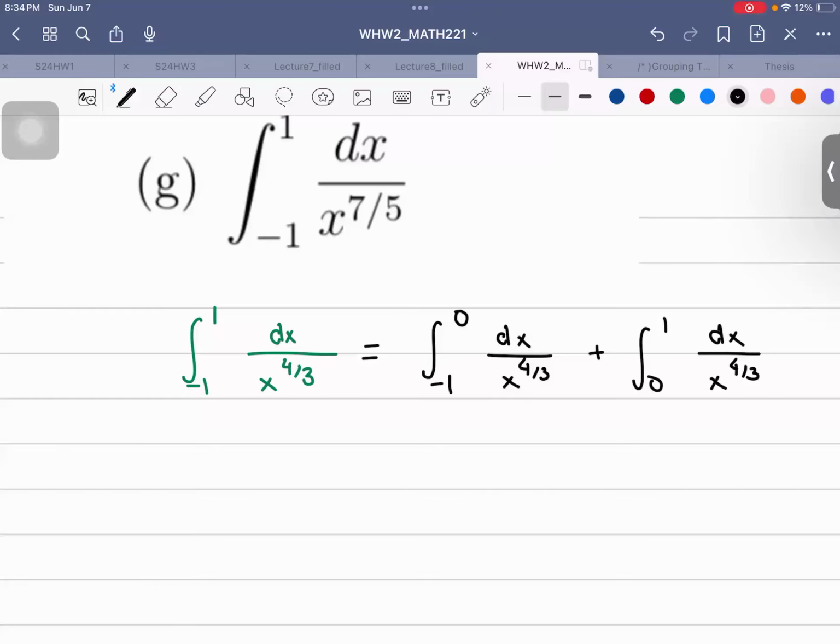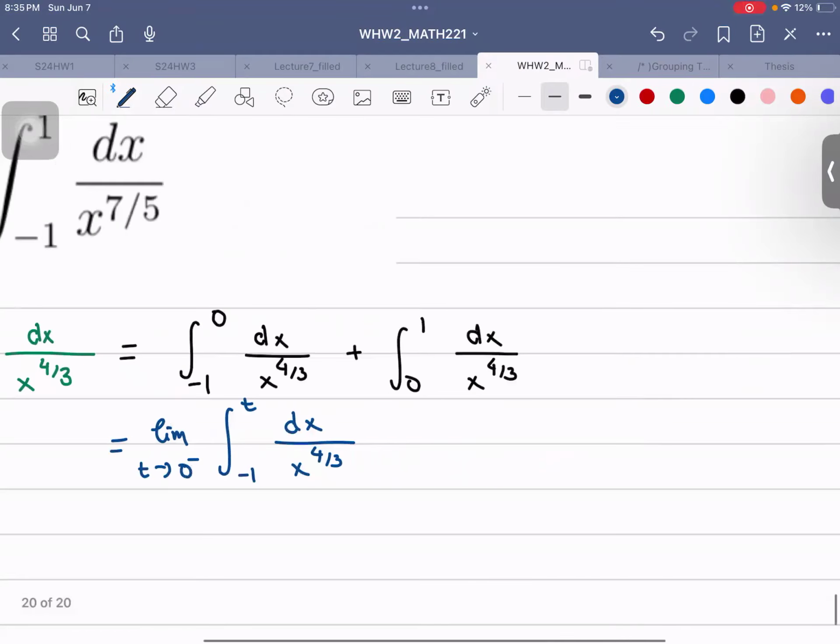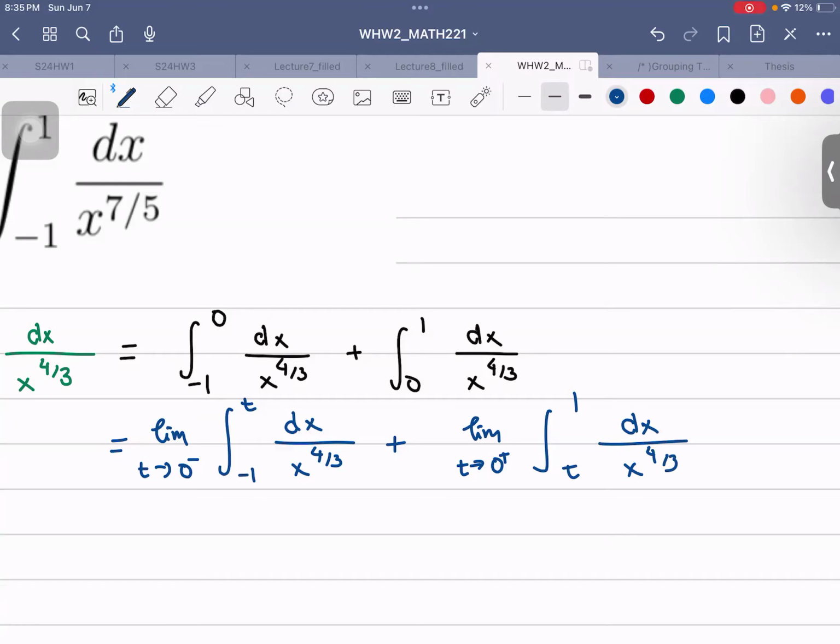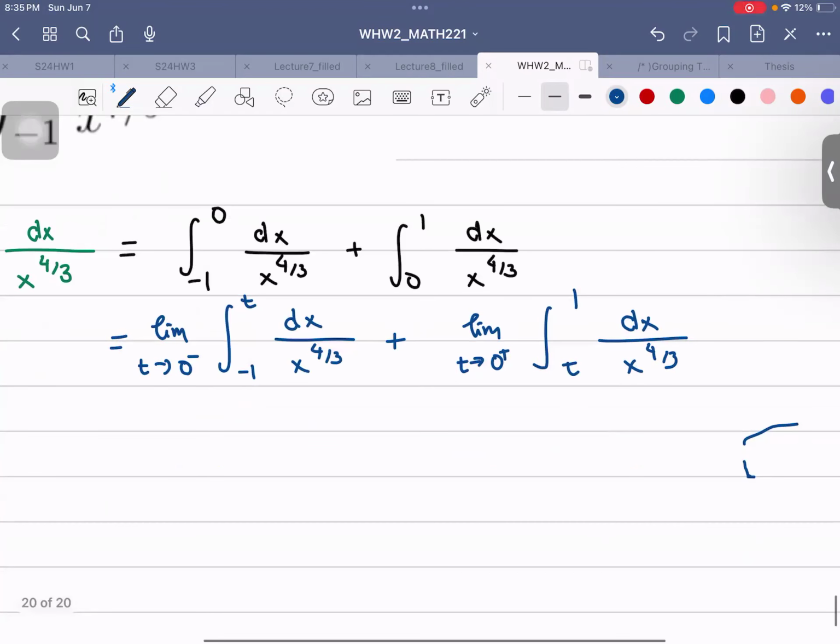And you replace the problem bound by t and evaluate the limits. So the limit as t goes to 0 from the left of the integral from negative 1 to t of dx over x^(4/3), plus the limit as t approaches 0 from the right of the integral from t to 1 of dx over x^(4/3). You evaluate these two things.